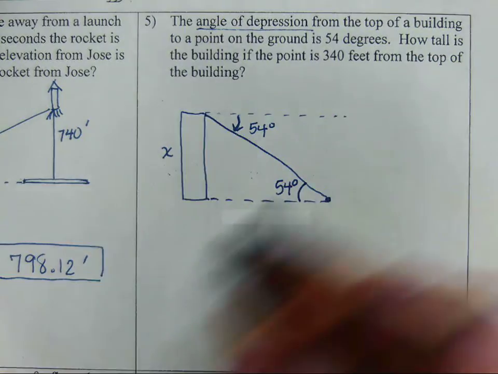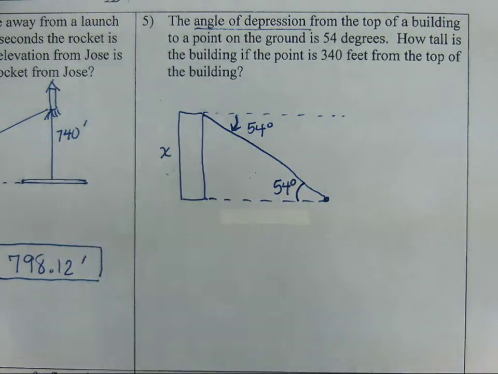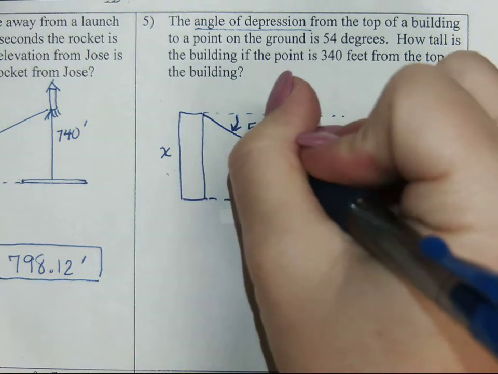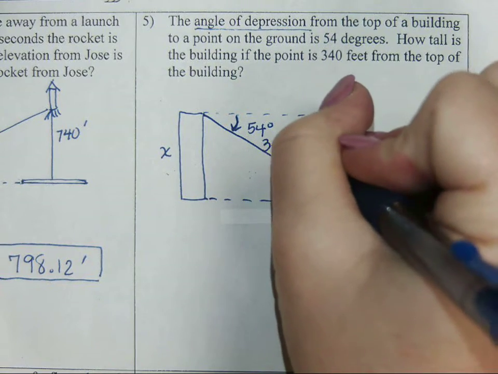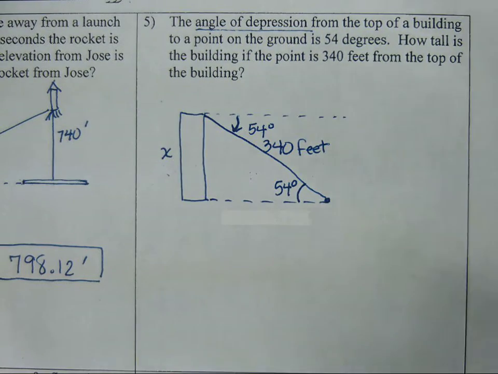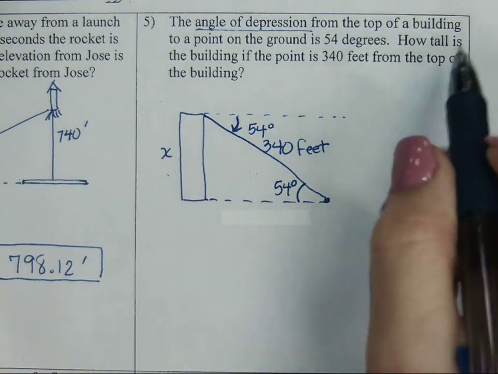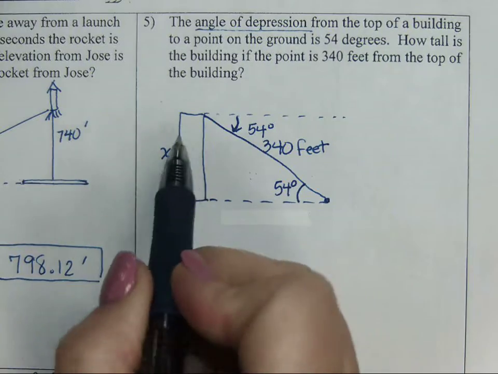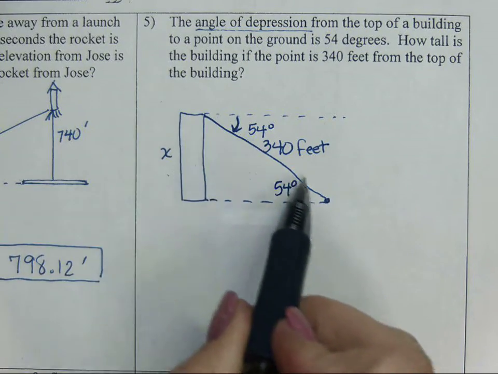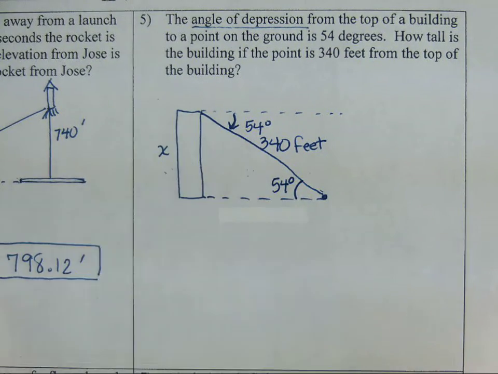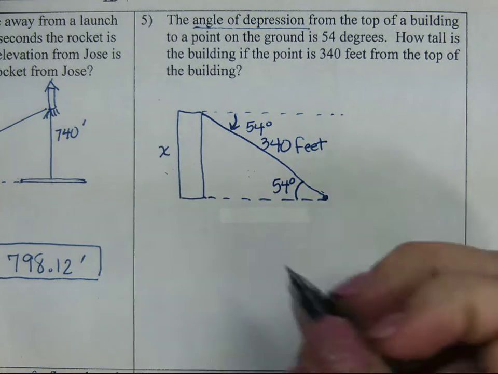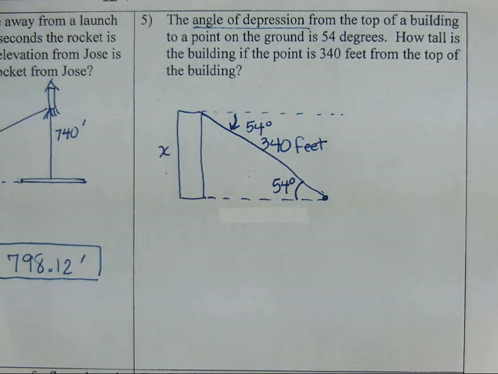It said from the top, and I didn't label that. So it didn't say 340 feet from the building, and originally I read it as from the building. When you're talking about the top of the building to the point, that's this side right here. So again, be very careful. I had mislabeled it because I misread it.